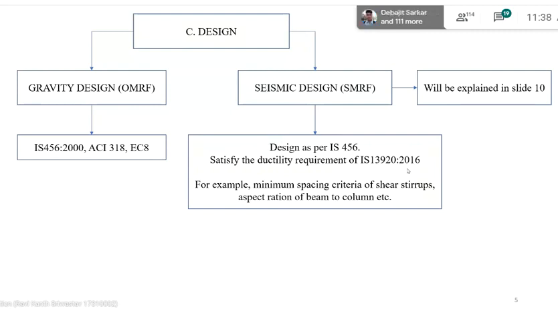Mostly we do not know what the software is doing inside, and every time you design it, it will give the same result. But we know design is our choice. We can give a larger section, a smaller section, we can choose the diameter of reinforcement. So it's more flexible and more convenient for us, and it is better if we manually design.